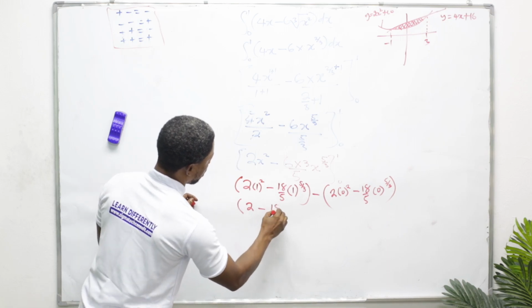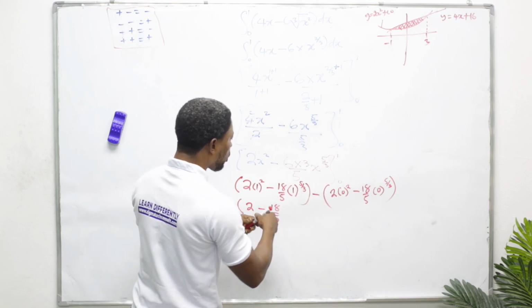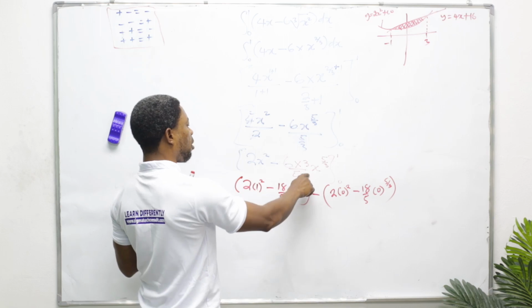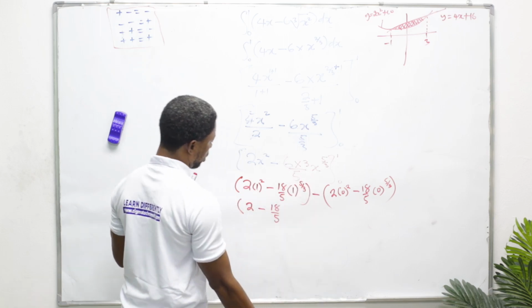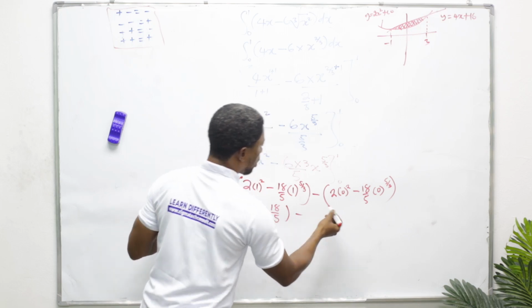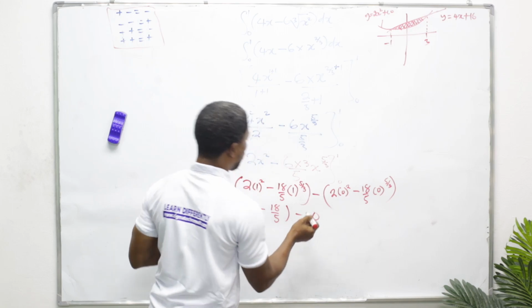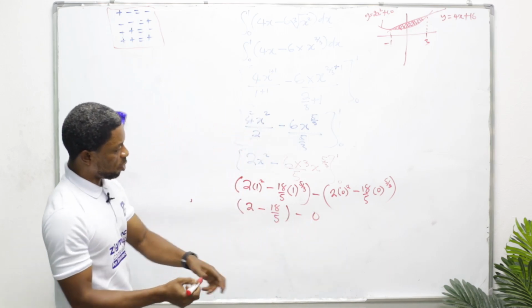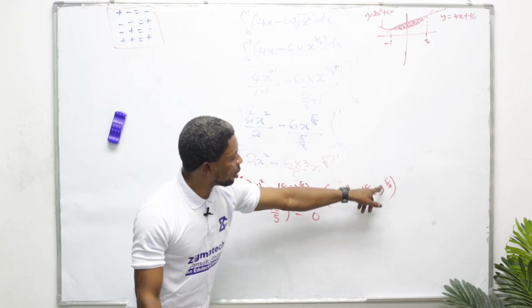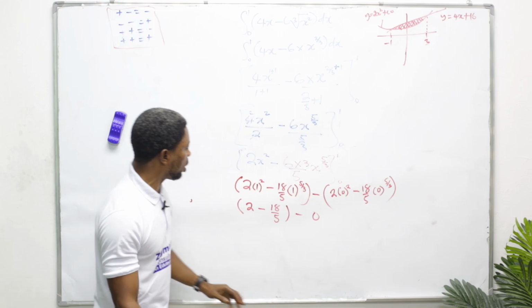Minus 18 divided by 5, because the cube root of 1 raised to power 5 is still the same thing as 1, so no need. Minus, this is 0. 0 times any number is 0, so I don't need to waste my time. Anything multiplied by 0 is 0, so this cancels everything here out.